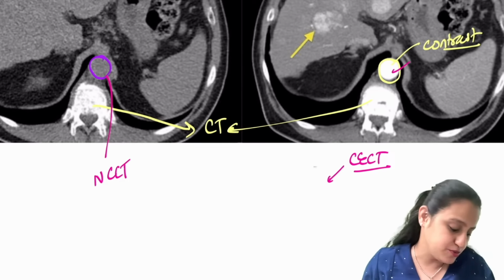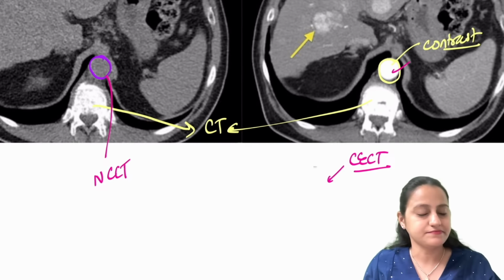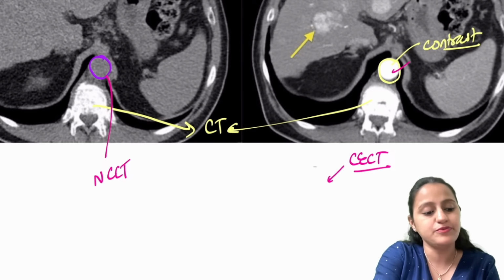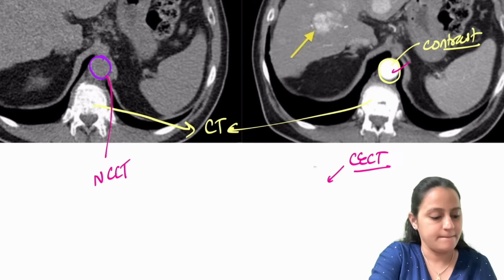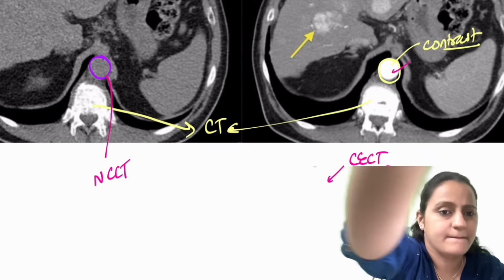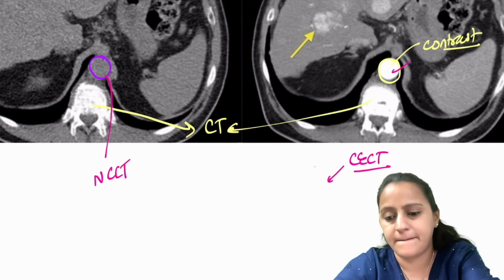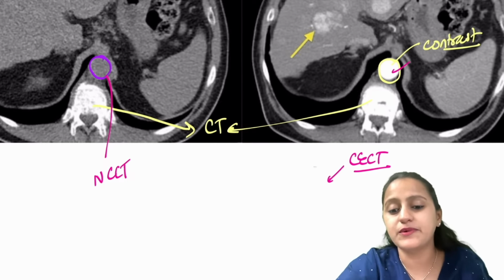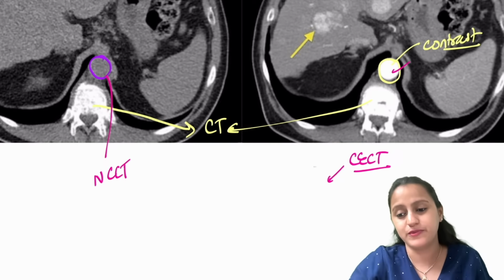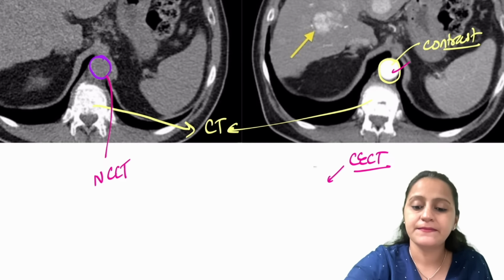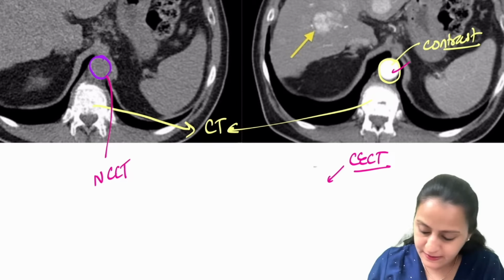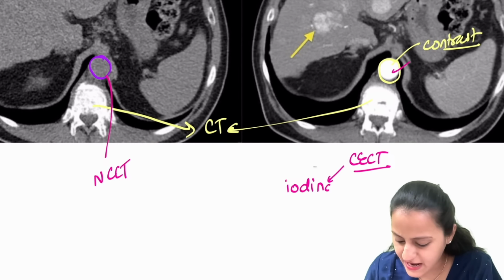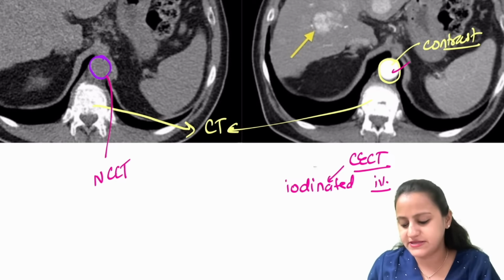What contrast do we use in CT scan? Correct. We use iodinated contrast, and how do we give that contrast? Right. So remember the contrast used is iodinated contrast and the contrast given is IV.